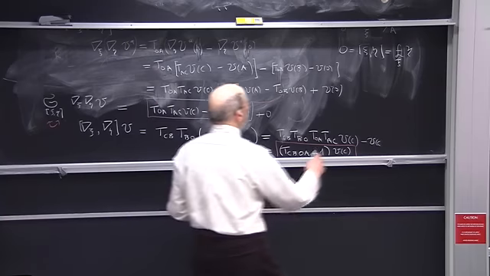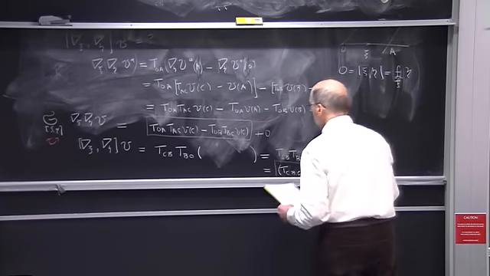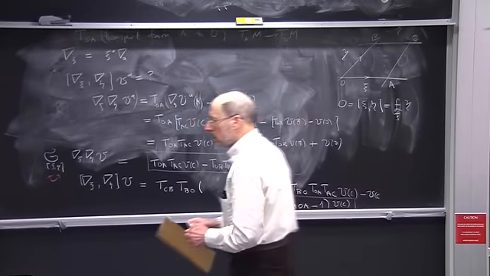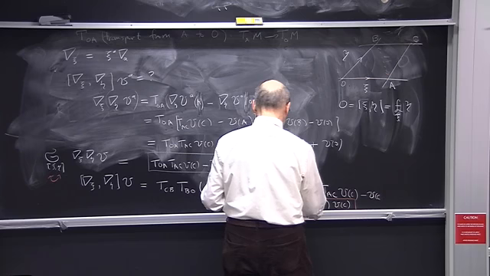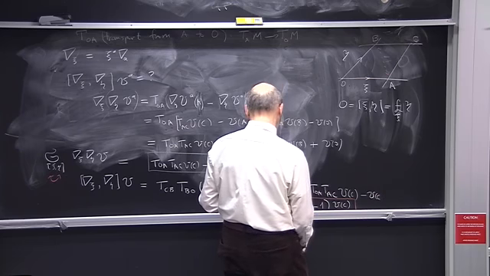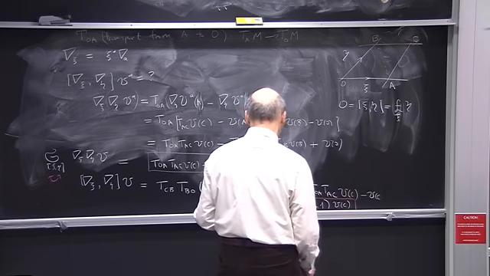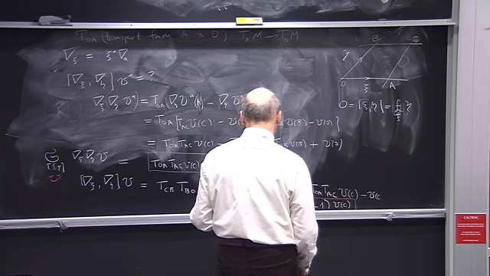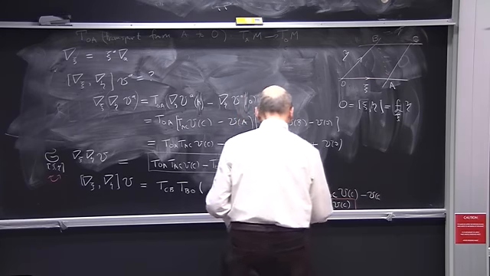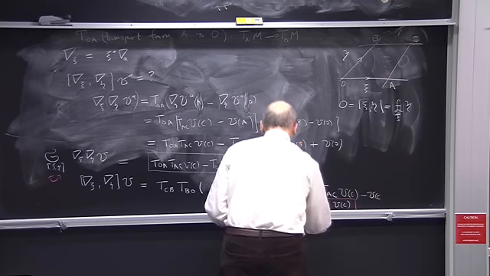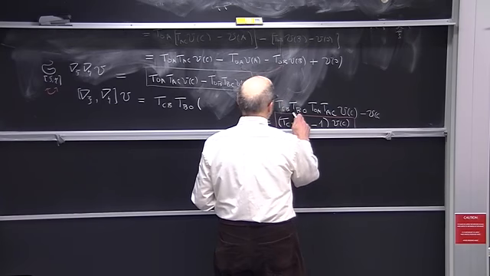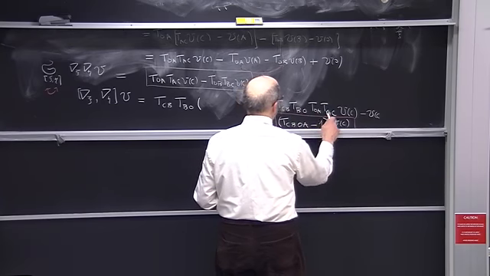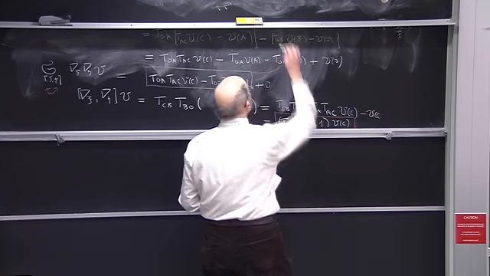Okay? So let's give this a name. What is the loop that we've done? I left out the C here. I said it was C, B, O, A, C. I should have put the C here.